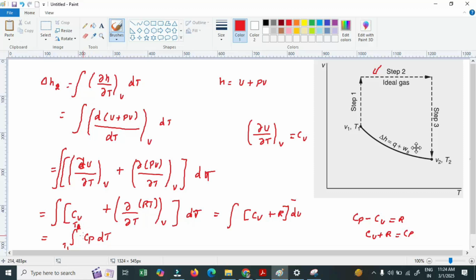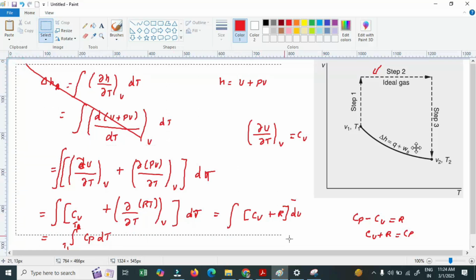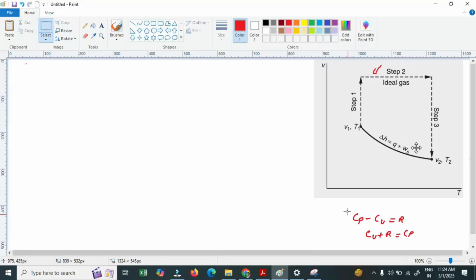And I know that the final thing, del H2, is the integral from T1 to T2 of Cp dT.